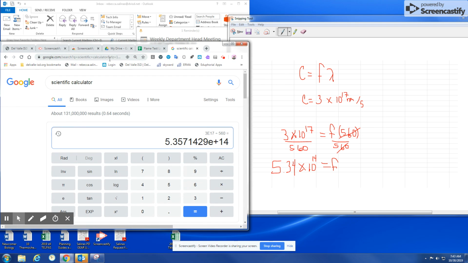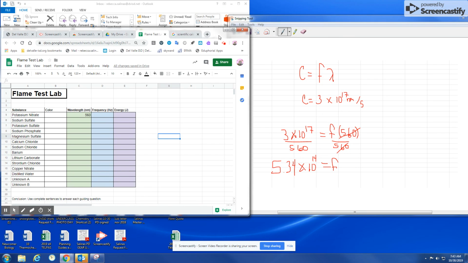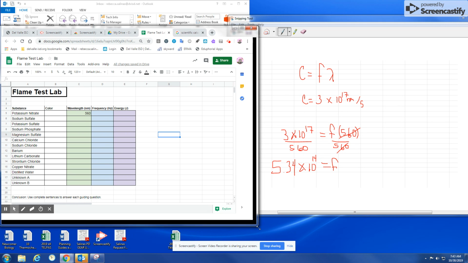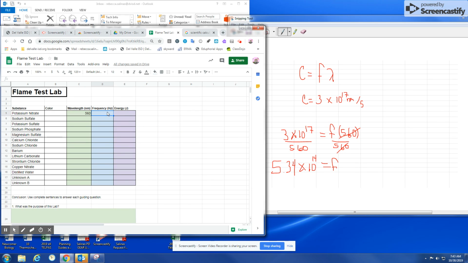So going back to my spreadsheet, I could type that in here. I don't know about you guys, but I would not want to go through this process 14 times. So instead, let's take advantage of this being a spreadsheet and enter a formula. Equals.